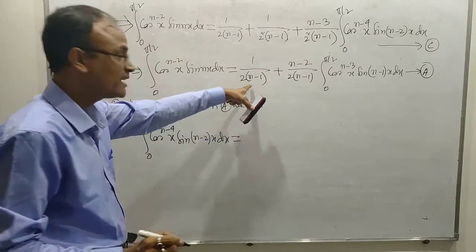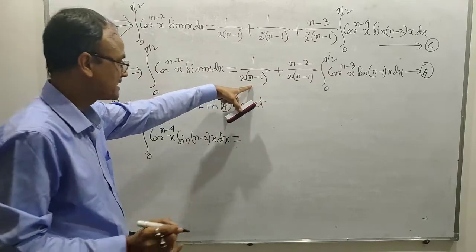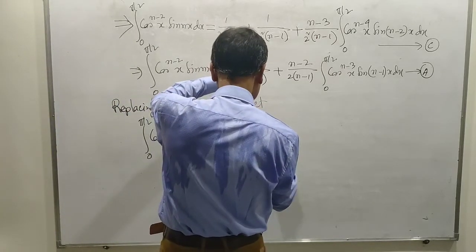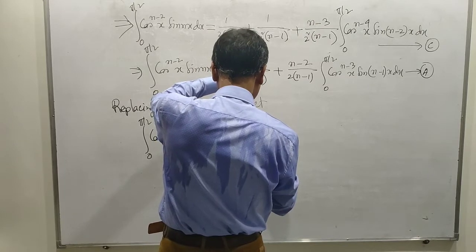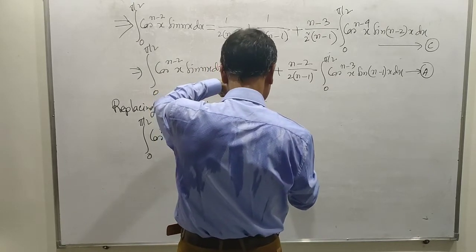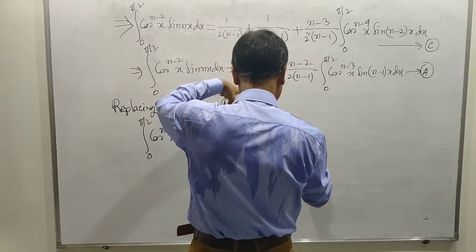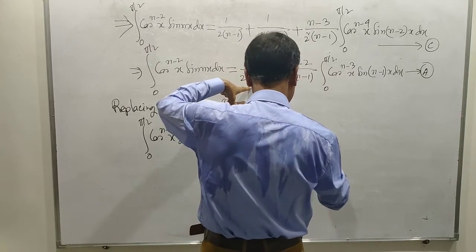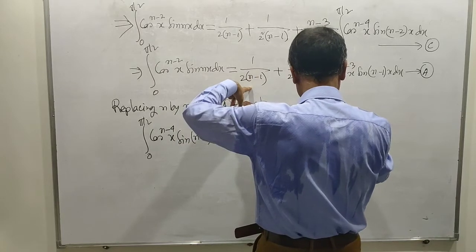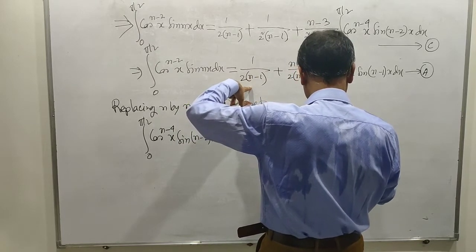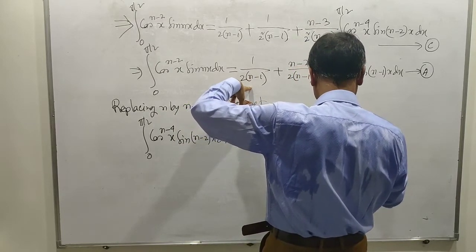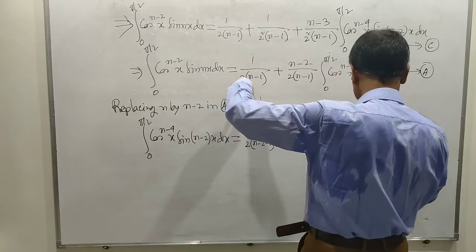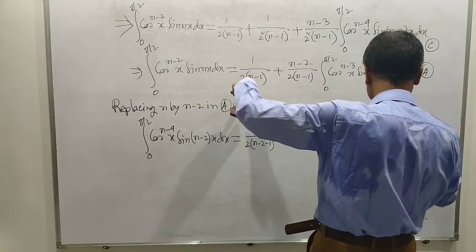This is equal to, here also you should replace n by n minus 2: 1 by 2 times of n minus 2 minus 1 plus n minus 2 minus 2 by 2 times of n minus 2 minus 1, integral 0 to pi by 2 cos to the power n minus 2 minus 3x sin of n minus 2 minus 1x.